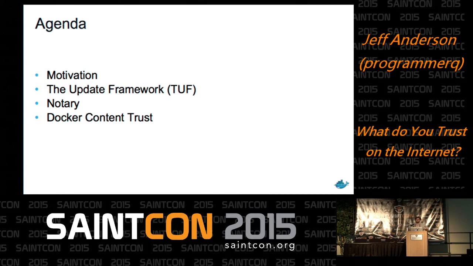And we'll talk a little bit about TUF and how that flows in. We use a project called Notary, which was created at Docker, which is an implementation of TUF. And the Docker Content Trust feature itself utilizes Notary. Notary is generic enough that you can take it and do other cool stuff. And I've seen some hack day type projects out in the wild with Notary, even though it's a few months old. And it's actually really cool.